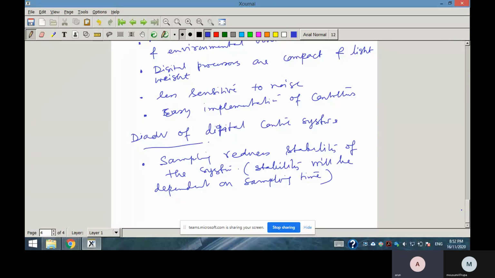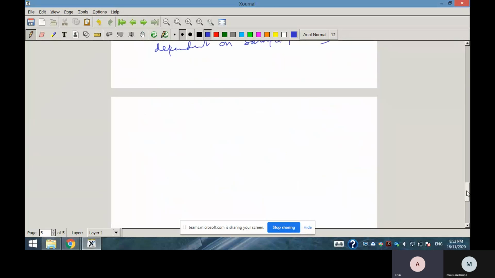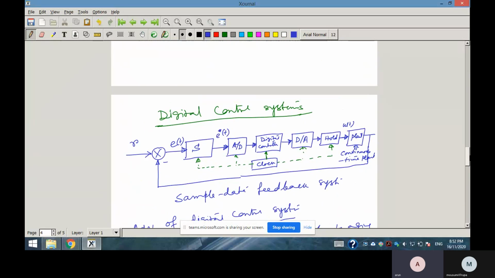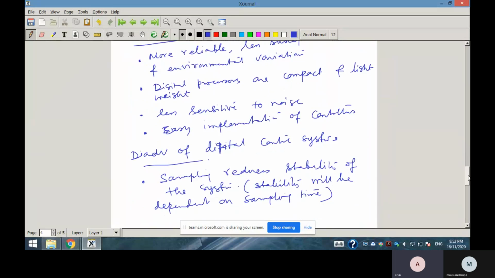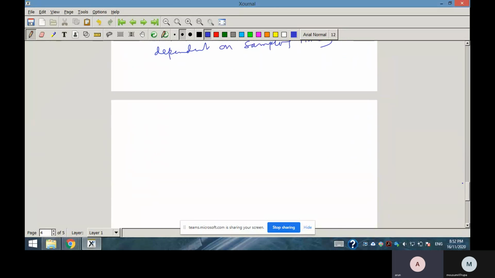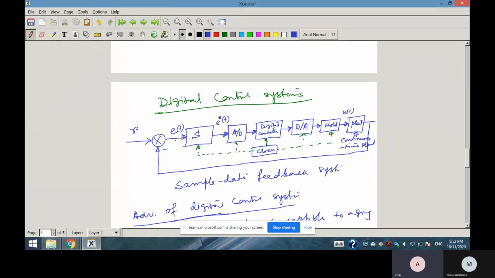So now, as you can see, sample and hold. These are very important operations in a digital control system: sampling and hold. Before starting digital control systems, we have to understand the sampling and hold operation a little bit more. You can see here the sampler.